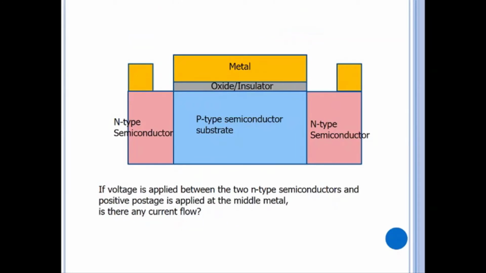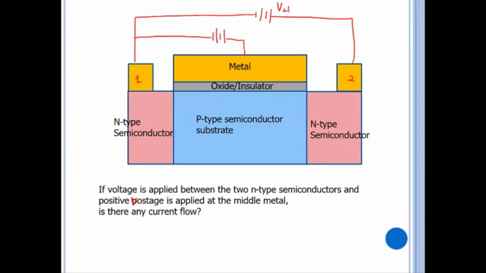Next, we apply a voltage between the two n-type semiconductors. This is electrode number 1, electrode number 2, and this is V21. We apply a positive voltage between the two n-type semiconductors, and at the same time we apply a positive voltage at the middle metal.